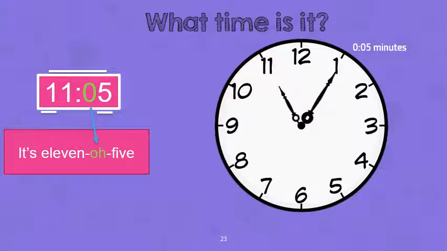And that's where the difference is. This 0 before the number 5, we call it O. So that means the time is 11:05.